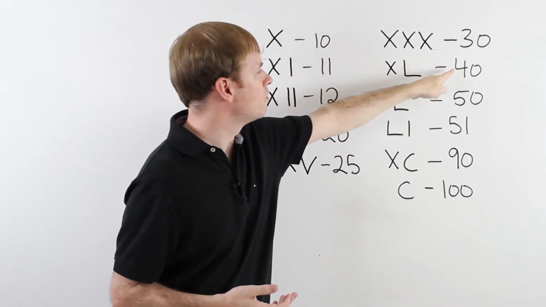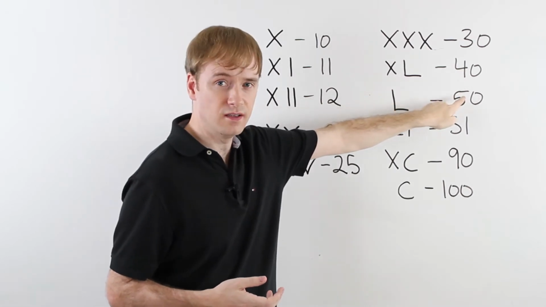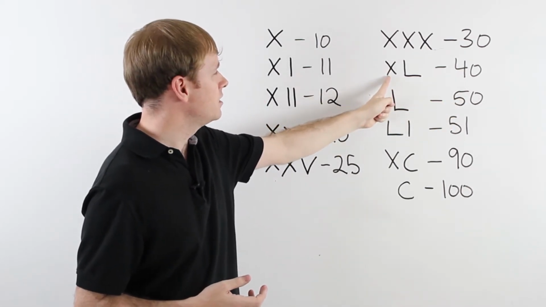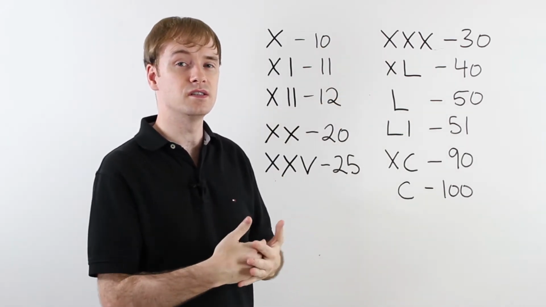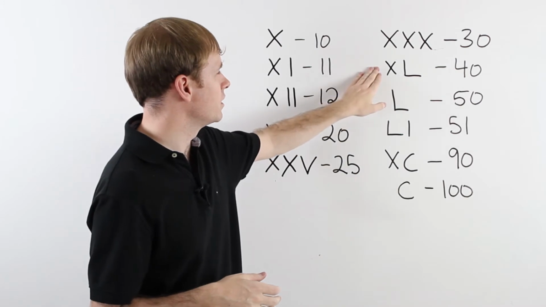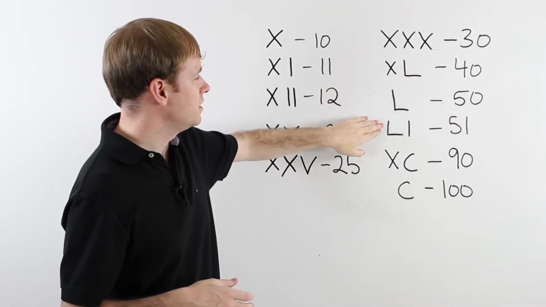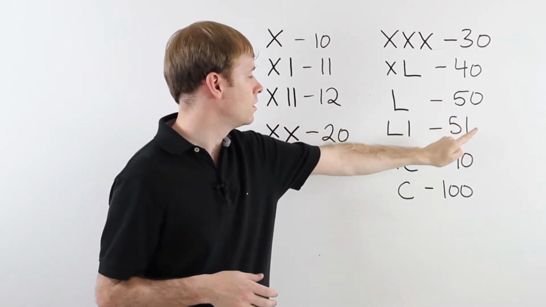XL is 40. Well, what is L? L is 50. So X is 10. Again, 10 before 50. So 10 before 50 is 40. So this means 40. L is 50, LI, 51.